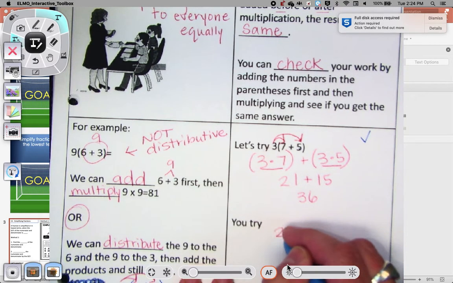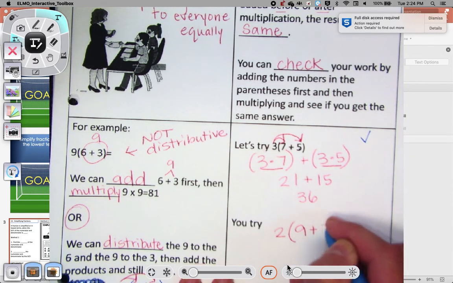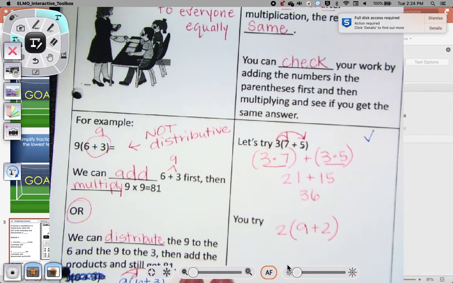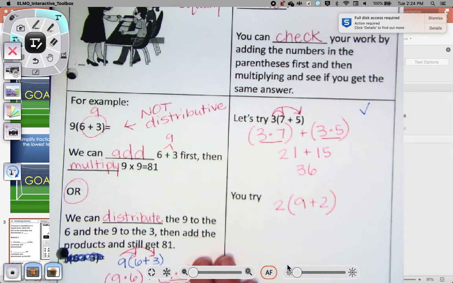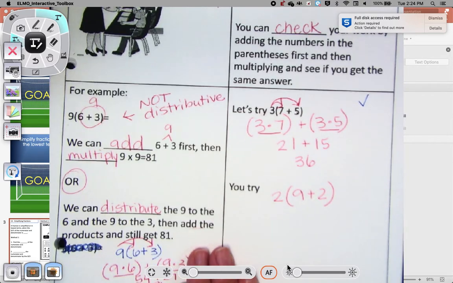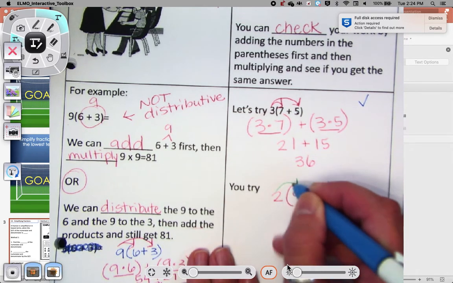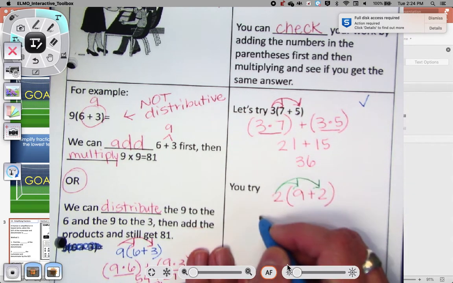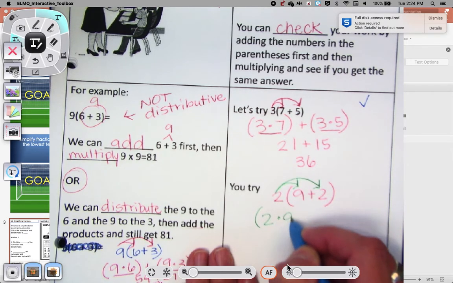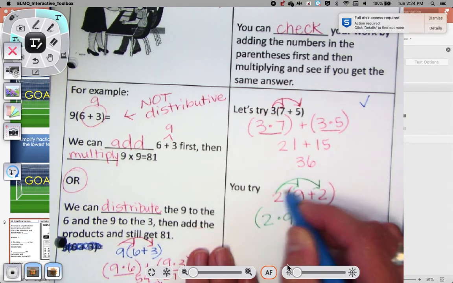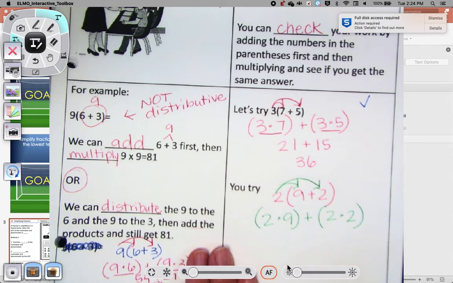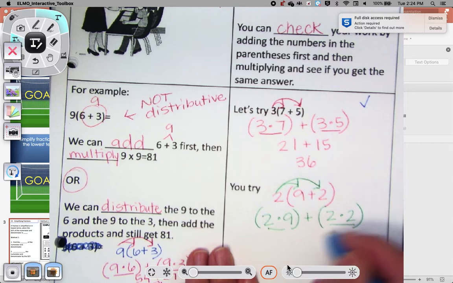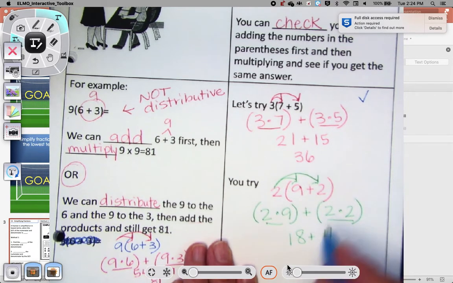Let's do 2 times (9 plus 2). Okay? We must solve using the distributive property. So we're going to distribute the 2 to the 9 and distribute the 2 to the 2 and then add these products.